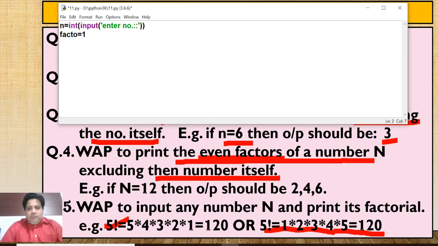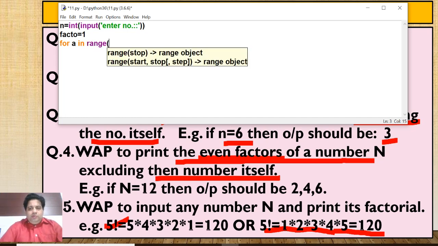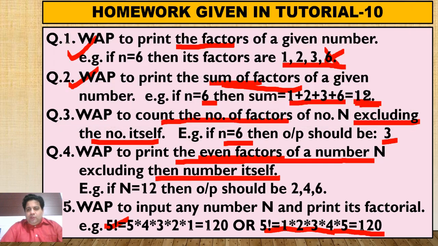Okay, to explain the logic more clearly. Now execute the loop. For a in range, I am explaining the second logic, which means I am executing a loop in ascending order. So what does the second logic say? The second logic says find the product of the numbers from 1 to that number.